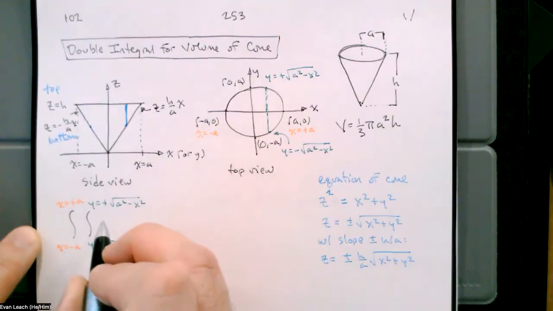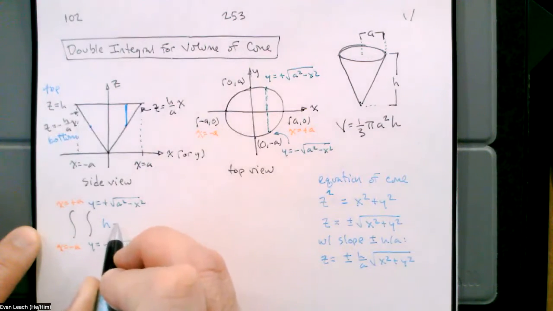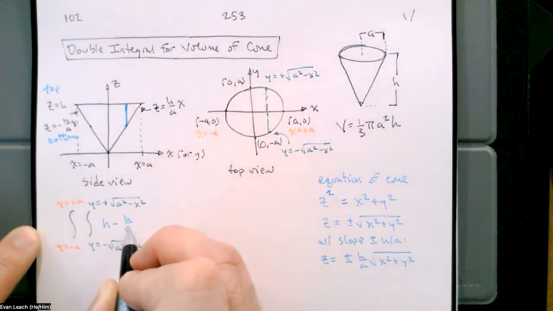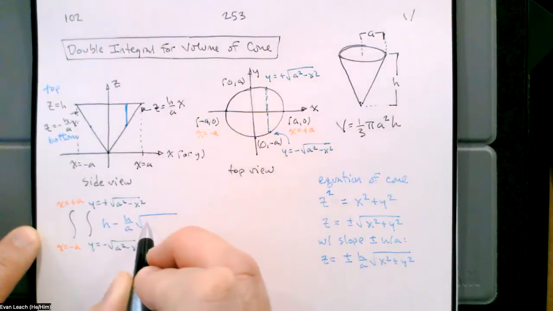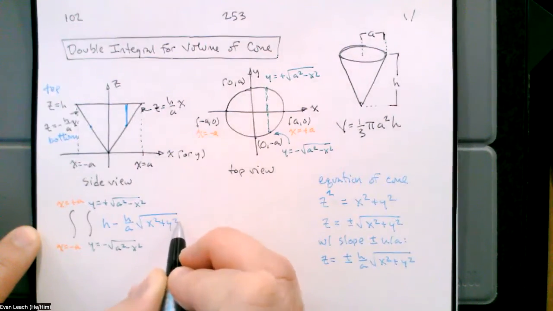So I'm going to take h minus h over a times the square root of x squared plus y squared.